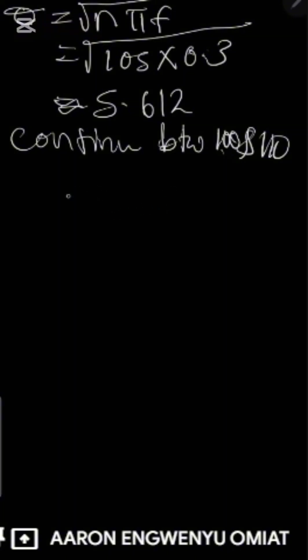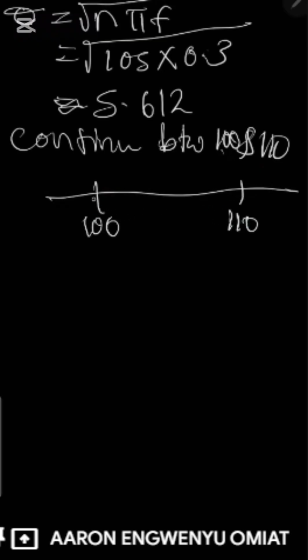On our scale, 100 to 110 inclusive means that both ends have to be part of it. That means our outer limit has to be on this side, before 100, and our outer limit also has to be after 110. So before 100, if we remove 0.5, we get 99.5.